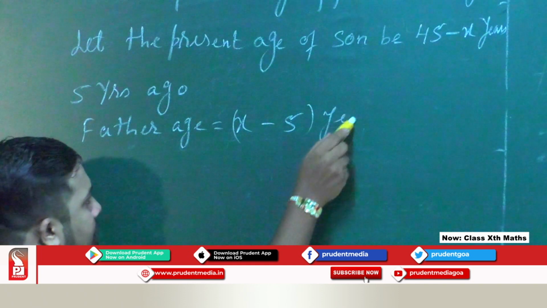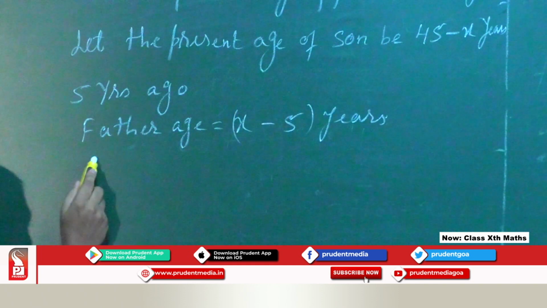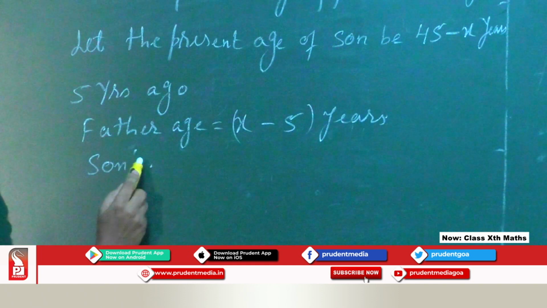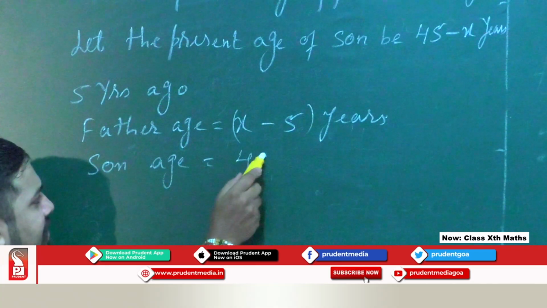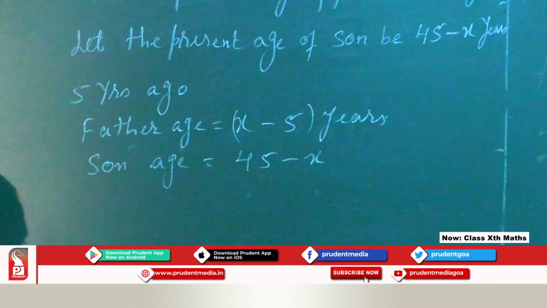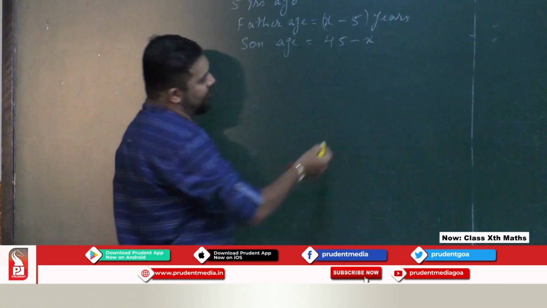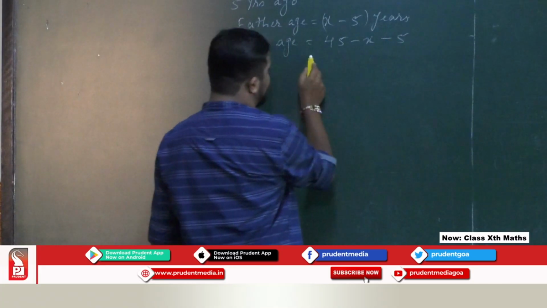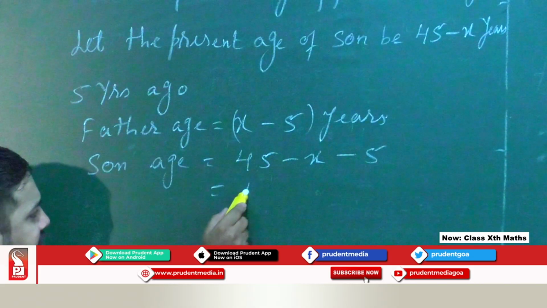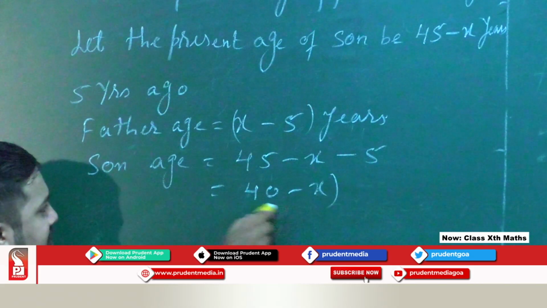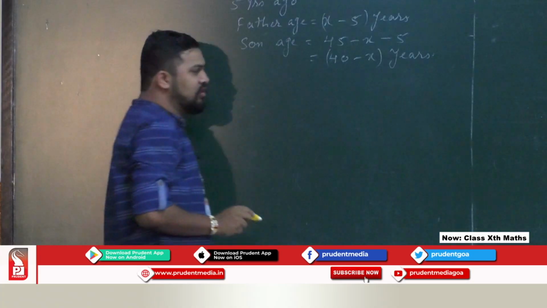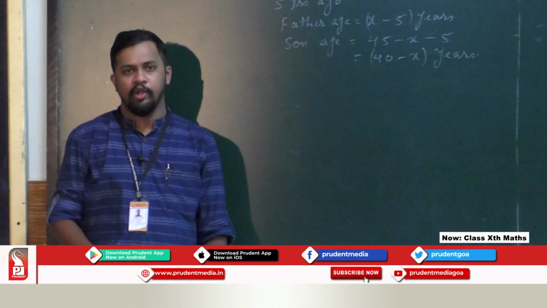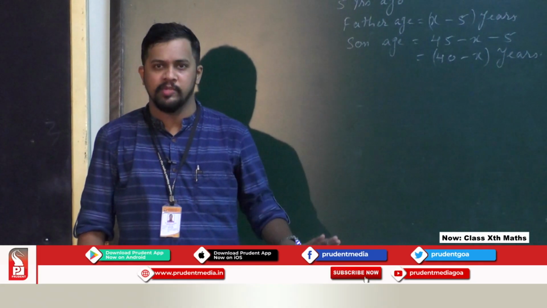In the same way I have to find the son's also. Son's present age is 45 minus x. Again 5 years back, minus 5, which gives me 45 minus 5 is 40 minus x years. So I got the age of father and the age of son 5 years back.